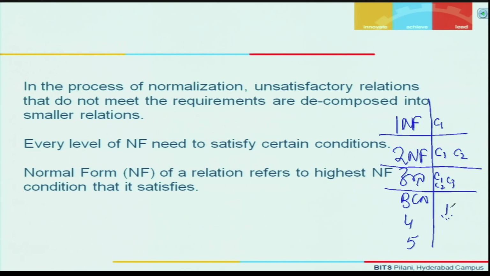That means if I say that my relation schema is in BCNF, it means that it satisfies all the conditions laid down for that particular normal form, and it is also in all the lower normal forms. That is, if my relation schema is in BCNF, it also means that it is in 3NF, in 2NF and in 1NF.